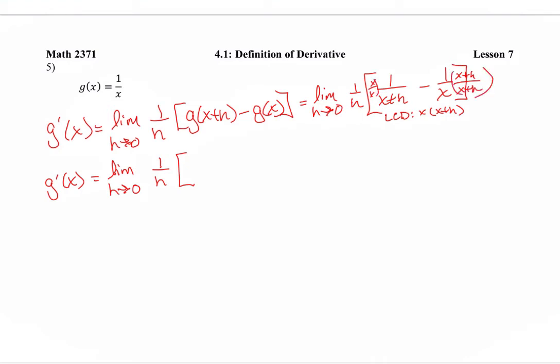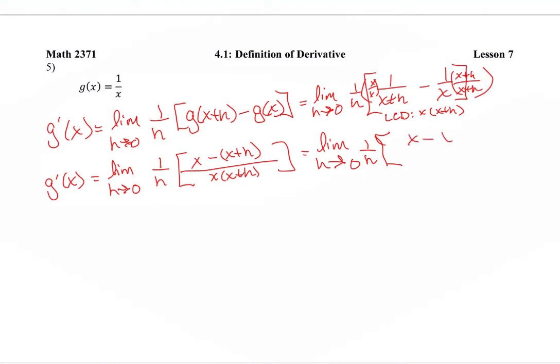So I'm going to do this. And that will get my LCD on each side. So I'll have x minus parentheses x plus h all over x times x plus h. Okay? So then when I simplify this, I'll have the limit as h goes to 0 of 1 over h bracket x minus h all over x times x plus h.